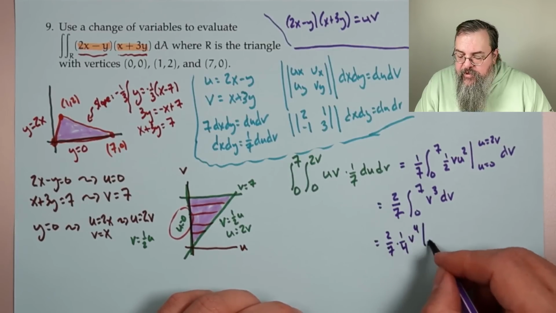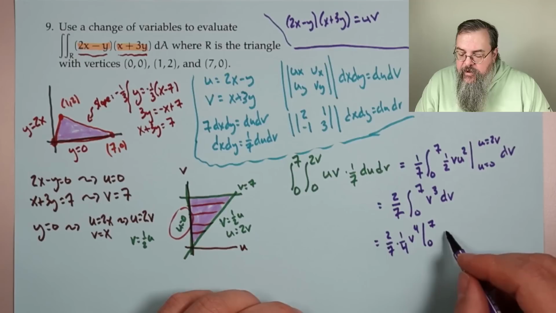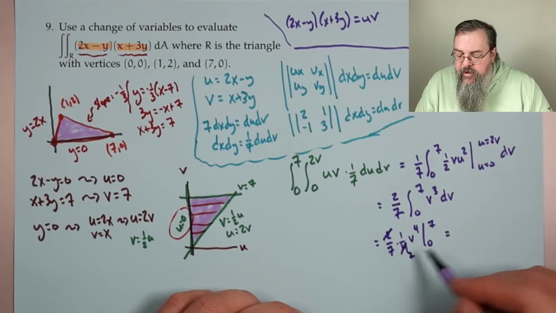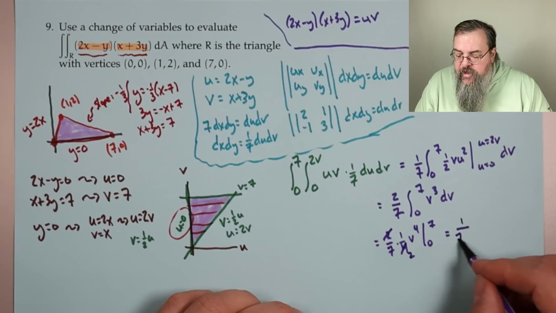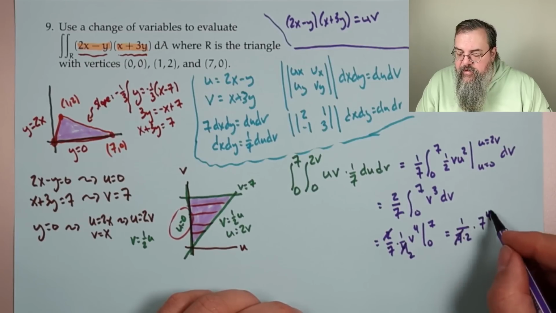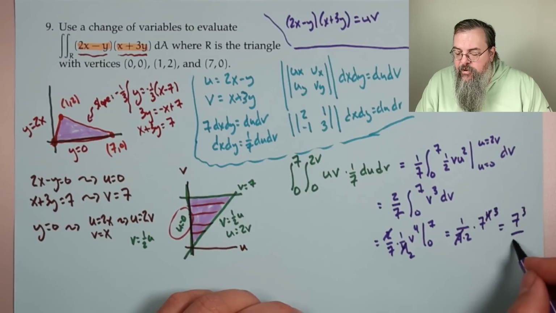And we're evaluating from 0 to 7. And, well, okay, what happens? Well, plug in 0, you get 0. Plug in 7, you get 7 to the 4th. So we can cancel a little bit here. So you get 1 over 7 times 2 times 7 to the 4th. Well, I can cancel off a 7. And so we get 7 cubed over 2.